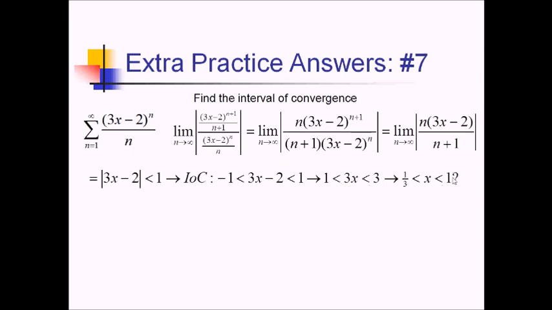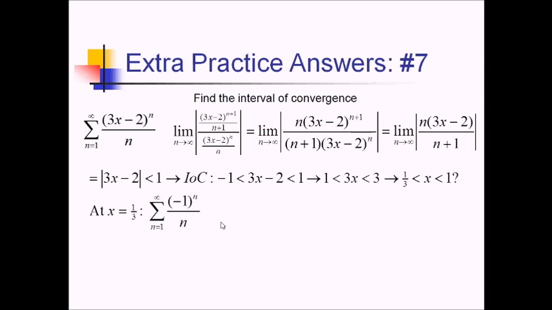But we're not really sure if that's the true interval of convergence because we used ratio test, not geometric series test. So we need to test the endpoints. At x equals 1/3, what's happening to our series? So that would be 3 times 1/3, which is 1, minus 2 is negative 1, so we would end up with negative 1 to the n over n.